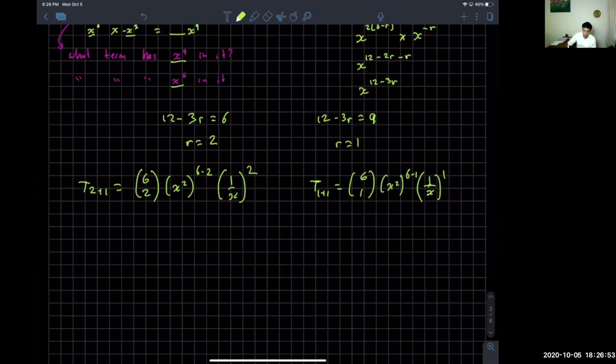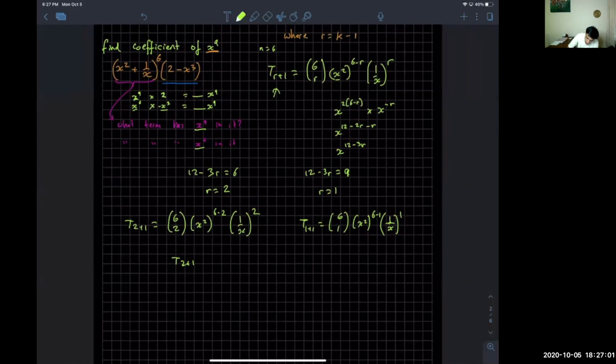Then, remember, you multiply T of 2 plus 1 by this term. That's how you get x to the power 9, which is x to the power 6 times x to the power negative 2. So you multiply this by negative x cubed times this term, and the other term will be multiplied by 2.